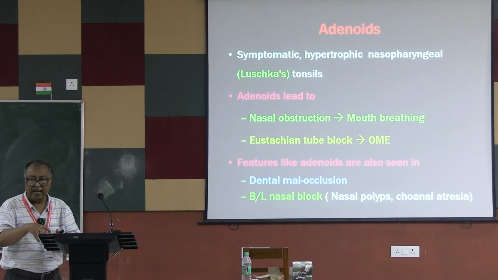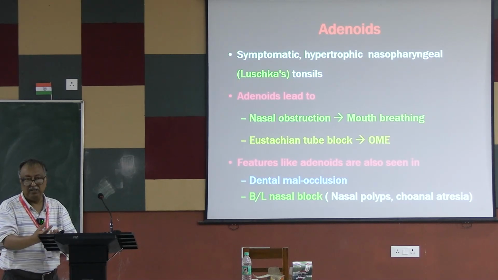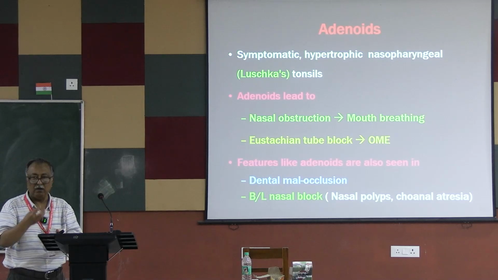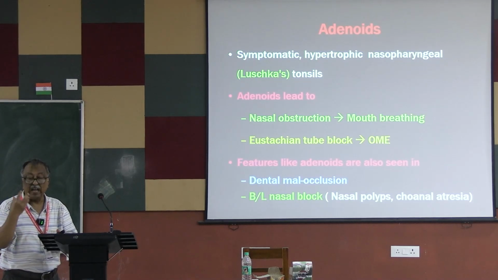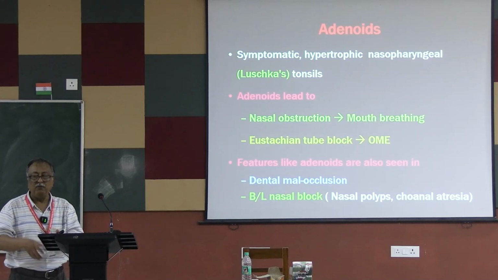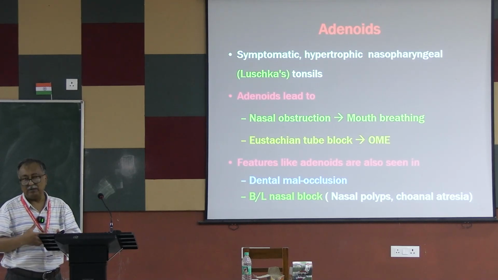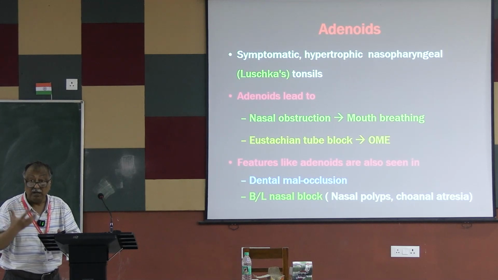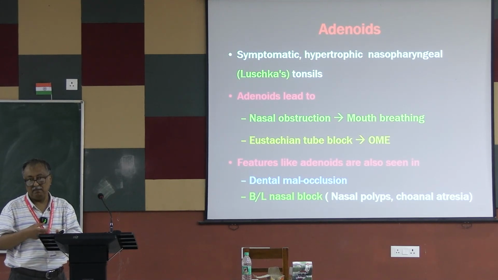A vacuum is created. In place of air, there is transudation of fluid. There is a glue-like fluid, causing serous otitis media or otitis media with effusion, which is very common in children, as adenoid enlargement is common in children.